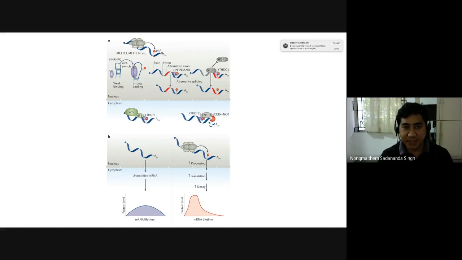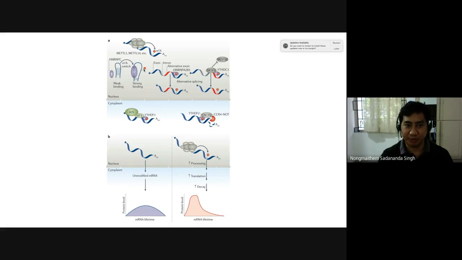So M6, 6-methyl adenosine can have, for example, here the HNRNPC complex binding. If there is a modification, this RNA binding protein complex can bind more efficiently.